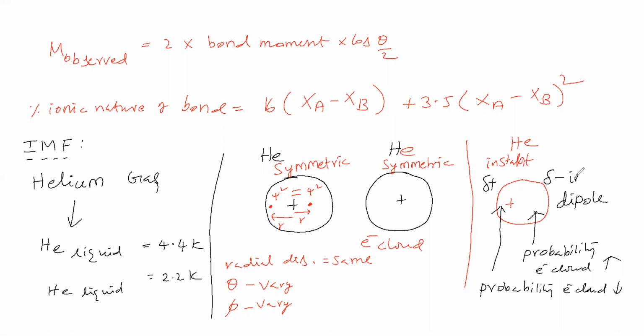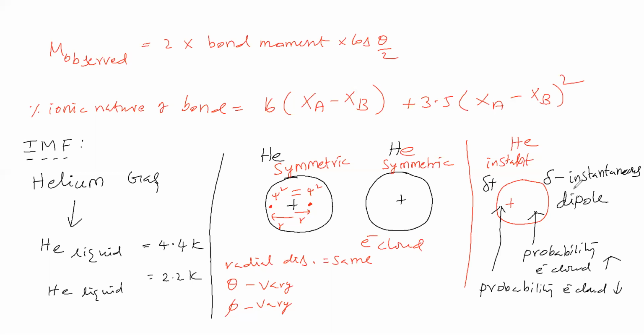This dipole is created instantaneously, therefore it is called an instantaneous dipole. This instantaneous dipole is possible for which type of molecules? Only for non-polar molecules.